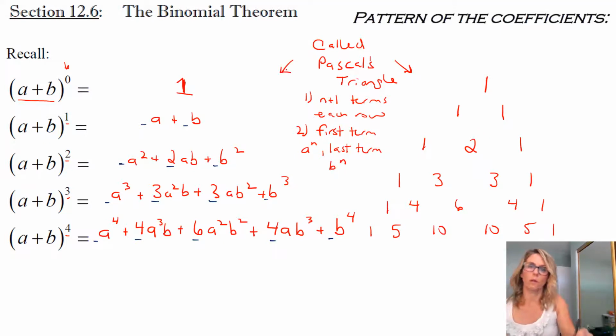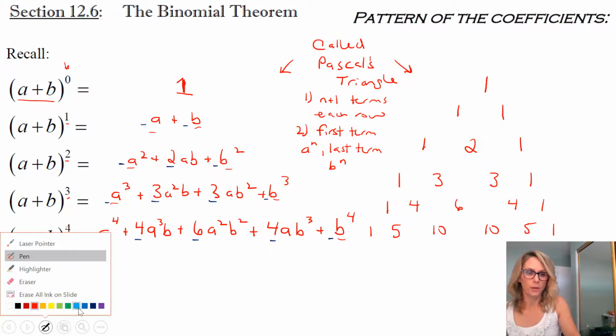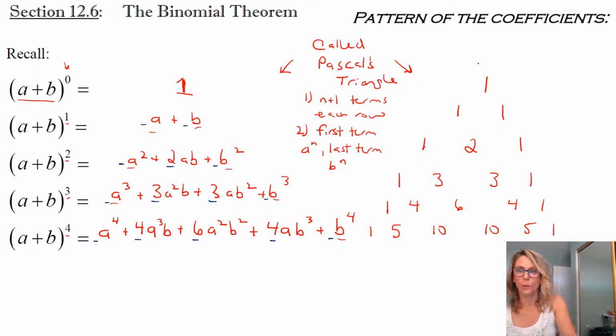So when we look at each term specifically, not just the Pascal's triangle of the coefficients, notice that every time we have that first a to the n and the last is b to the n. And then, like I already said, we're going up by 1 degree on one of the variables and going down on the other one. Also important is the fact that within Pascal's triangle there is a pattern to the coefficients. So when we look at this, I don't know how well this is going to work, but I'm trying to make myself a triangle.